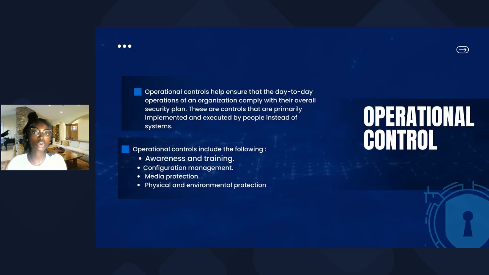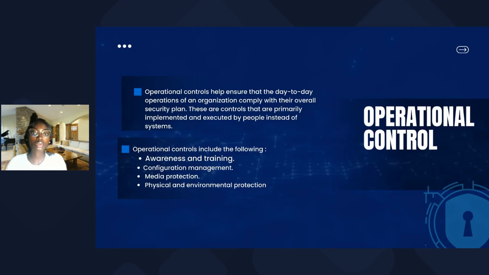So the organization already has its overall security plan, and they're looking at how to monitor and track, day to day, how these security controls are being implemented so they fall in line with our overall security plan, right?